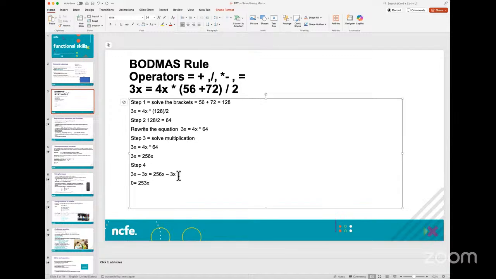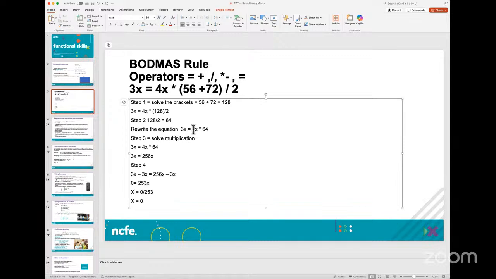So how would I find the value of x? I will move the number 253 to the other side, 0 divided by 253, and 0 divided by any number is equal to 0. And that is how I will solve this equation.